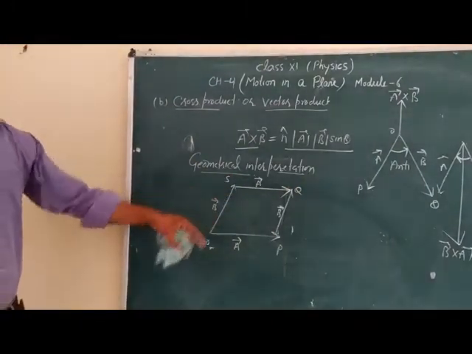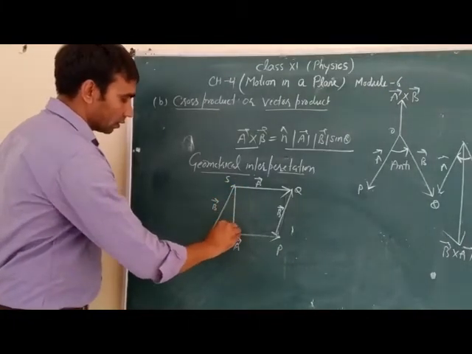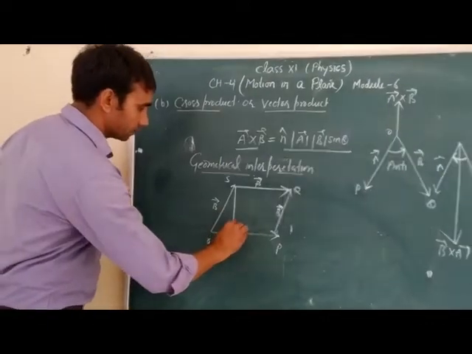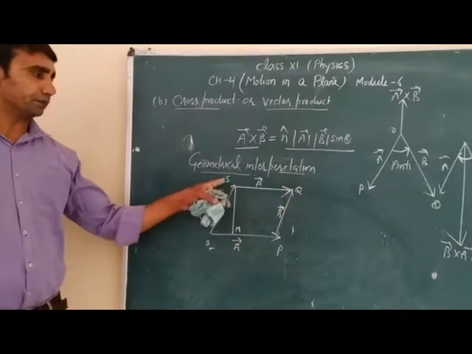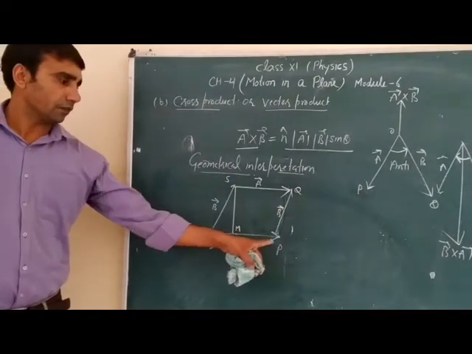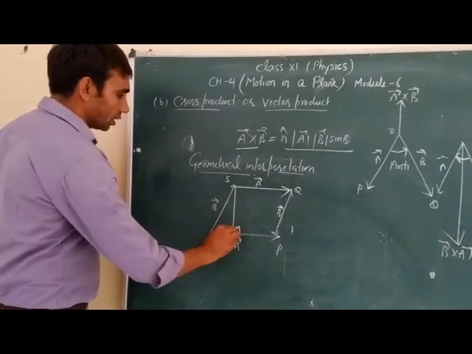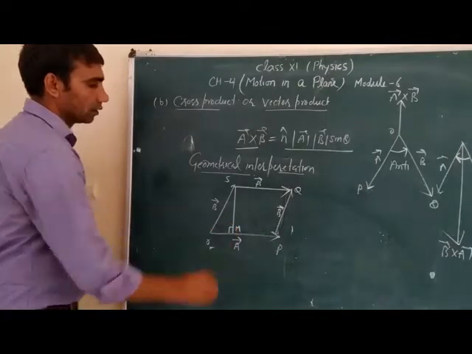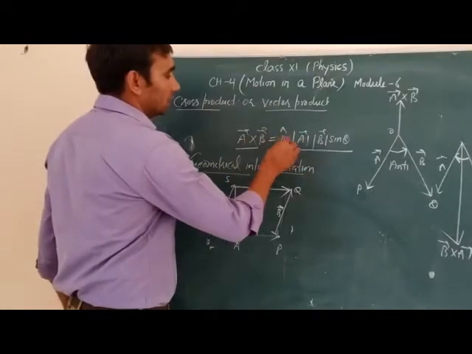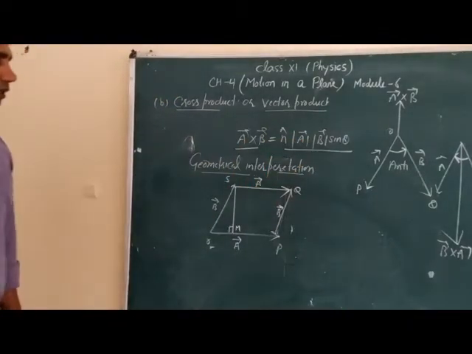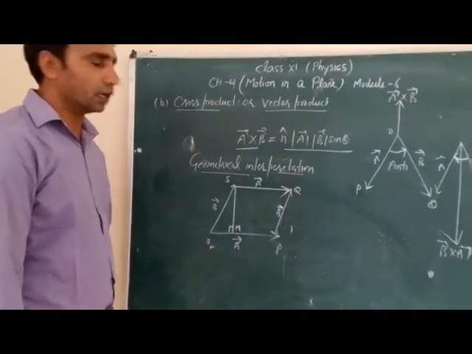From point S, draw the perpendicular on vector A. Now in this triangle, the cross product of vector A and B is equal to the magnitude of vector A, magnitude of vector B, and sine of the angle between them.